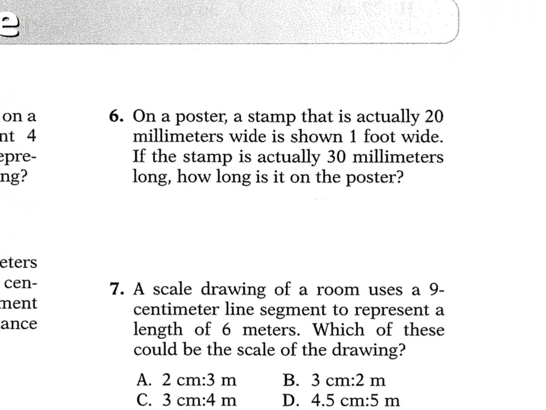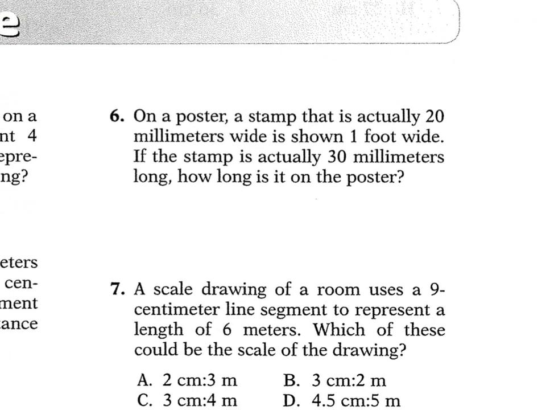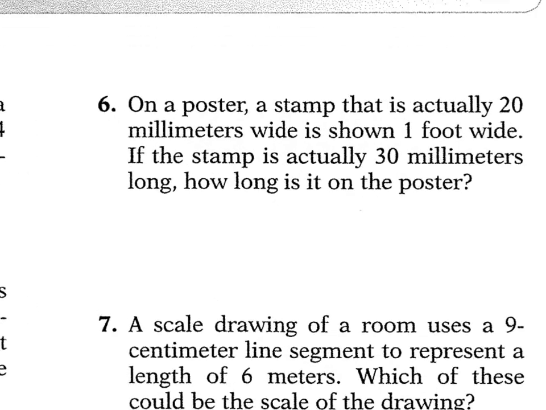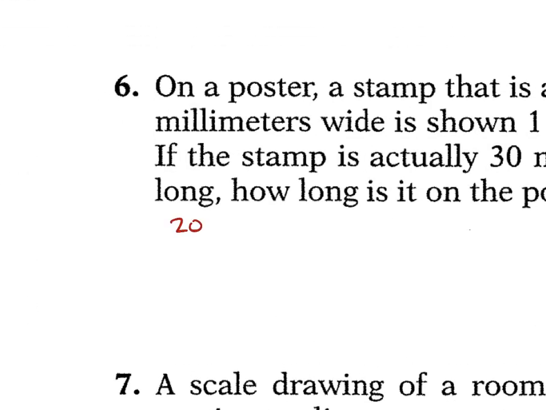For 6, it says on a poster, the stamp that is actually 20 millimeters wide is shown 1 foot wide. The stamp is actually 30 millimeters. How long is it on the poster? So we're going to start with the 20 millimeters over 1 foot.